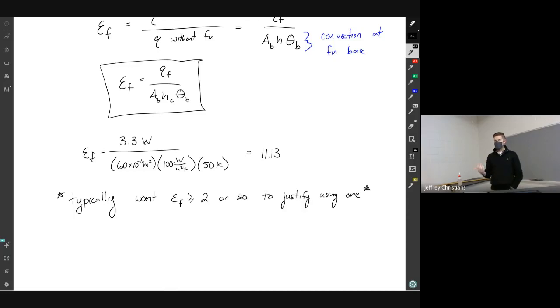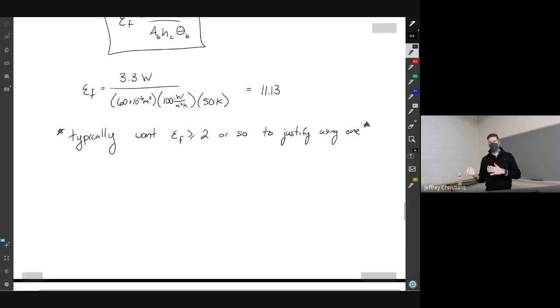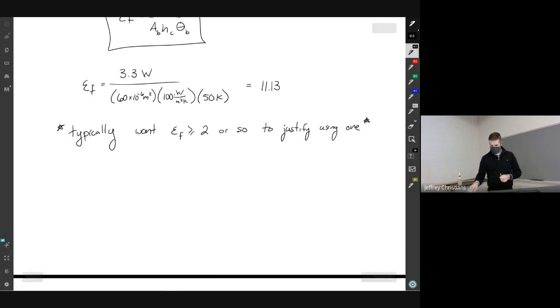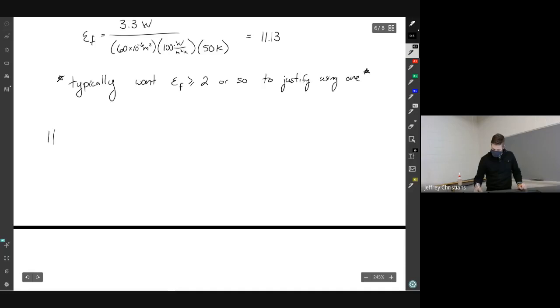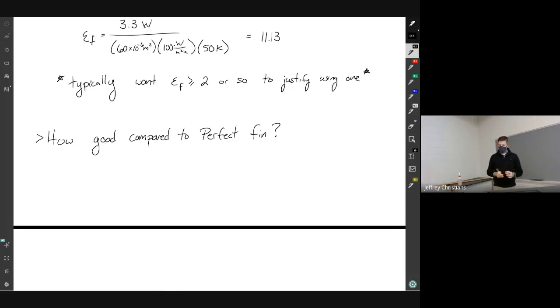How good is it compared to the best possible fin that we could have? So first we have to define what a perfect fin would be.